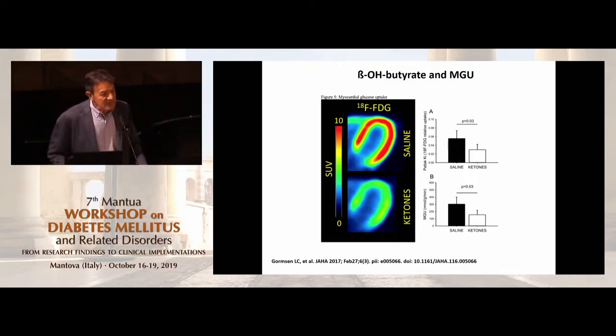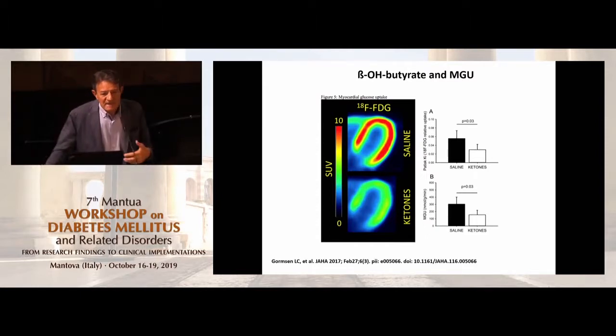Upon infusing beta-hydroxybutyrate, there is a diffuse reduction of the signal, which means that you do end up with a substrate substitution, shifting from glucose onto the beta-hydroxybutyrate, which means that by its own nature, the heart likes ketones.